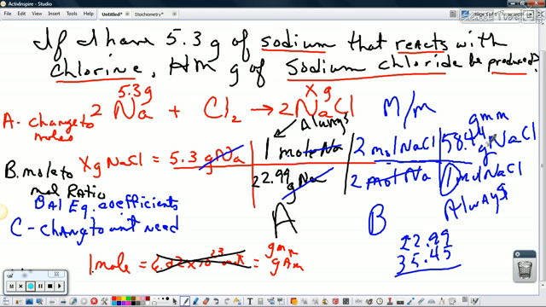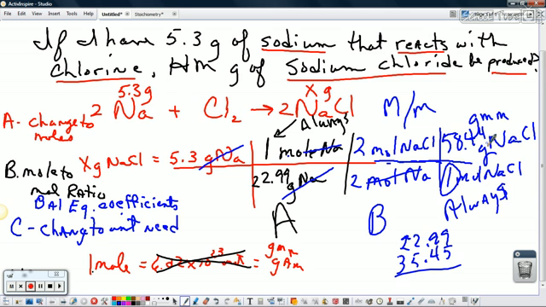Okay? Now, significant figures. Calculation, I got 5.3 divided by 22.99 times 2 divided by 2. Do we really have to do that? If you know you don't have to do that, then fine. But if you aren't sure, divide it, multiply times 58.44.